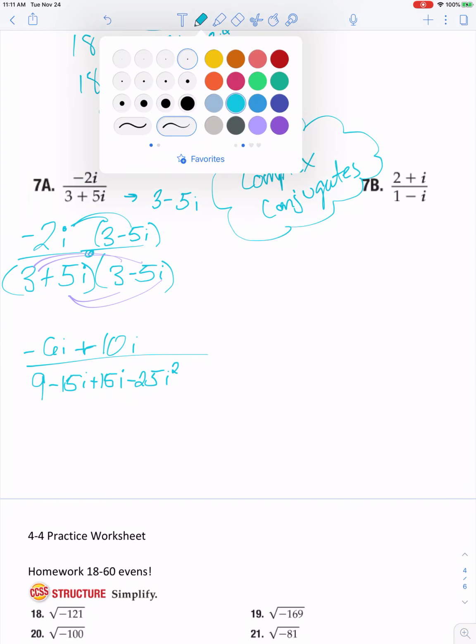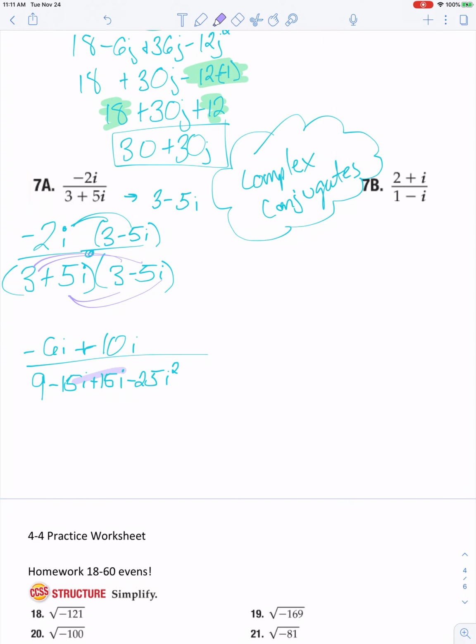Now in the bottom, do you notice my middle two terms? Notice that they will cancel. That's why you use a conjugate, to make those cancel. And of course this, I notice, is actually negative 25 times negative 1, because i squared is just negative 1. So what I really have on the bottom is 9 plus 25, which is, oops, not 36.